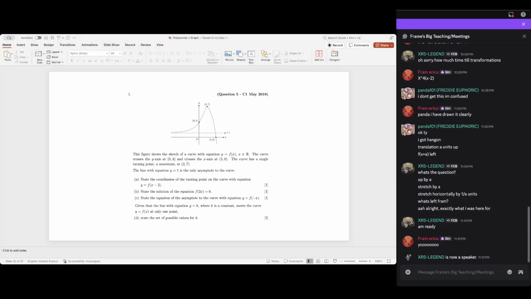Back to the topic. The first answer is 4,7. Yeah, that's correct. This one, 2x is equal to 0. The b you should know is 5, right? I believe you said it. 5, 0.